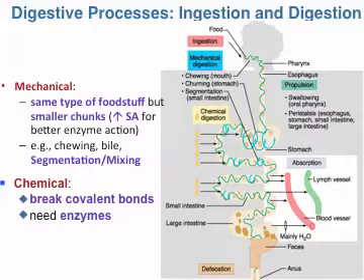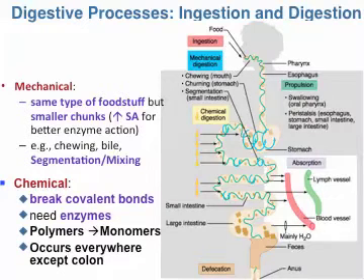So for instance, you're breaking bonds between a large carbohydrate. You're breaking those bonds to free glucose molecules. You need enzymes to do chemical digestion. And when you do chemical digestion, you're taking polymers like starch into monomers like glucose, for instance. Chemical digestion occurs everywhere except your colon or your large intestine.